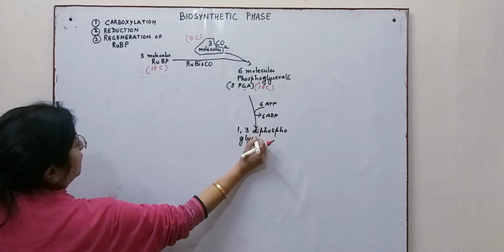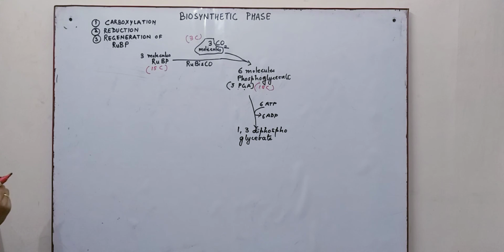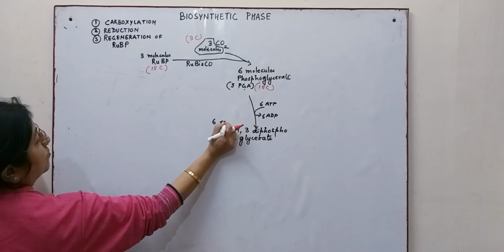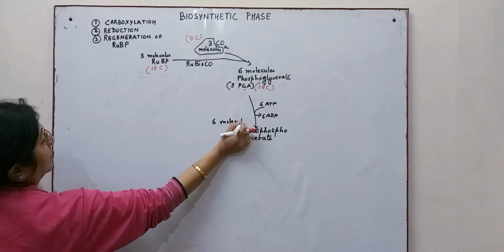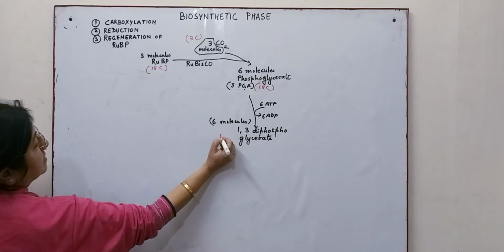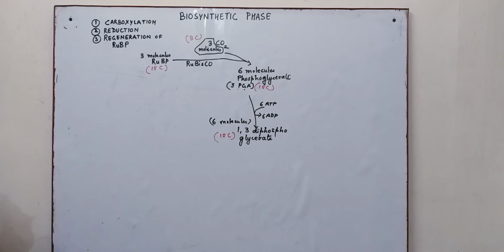There are 6 molecules of this produced. So the number of the carbon remains the same, that is, still we are having the 18 carbon atoms.